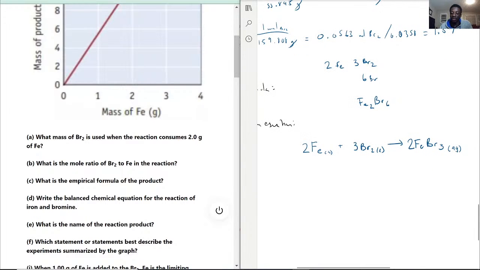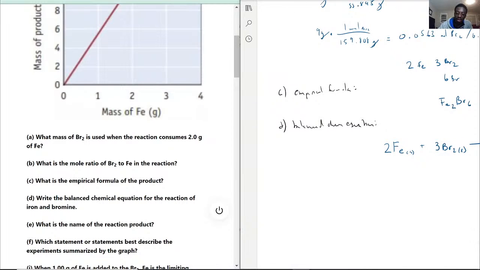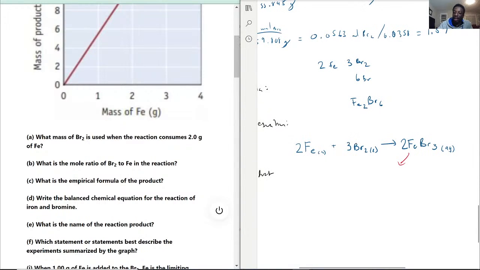Now the name of this, okay, we have iron. Right now it's asking for the name of the product. So we have the iron and we have the bromine. The oxidation number for bromine, because it's a halogen, will just be -1.